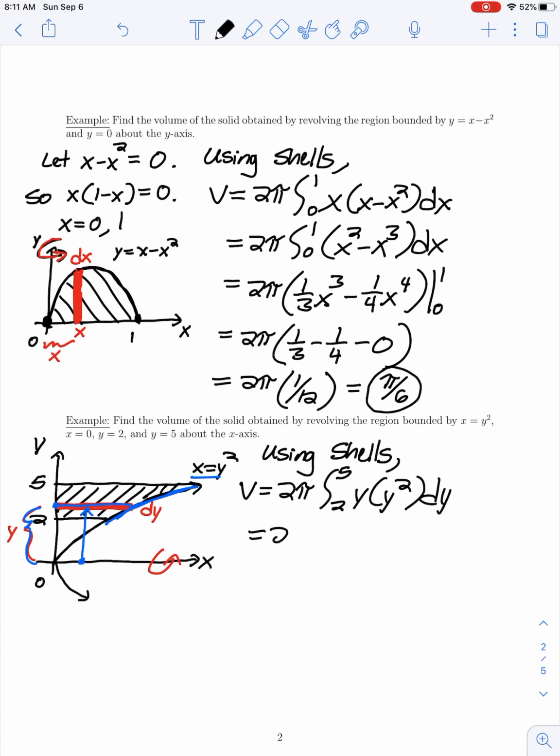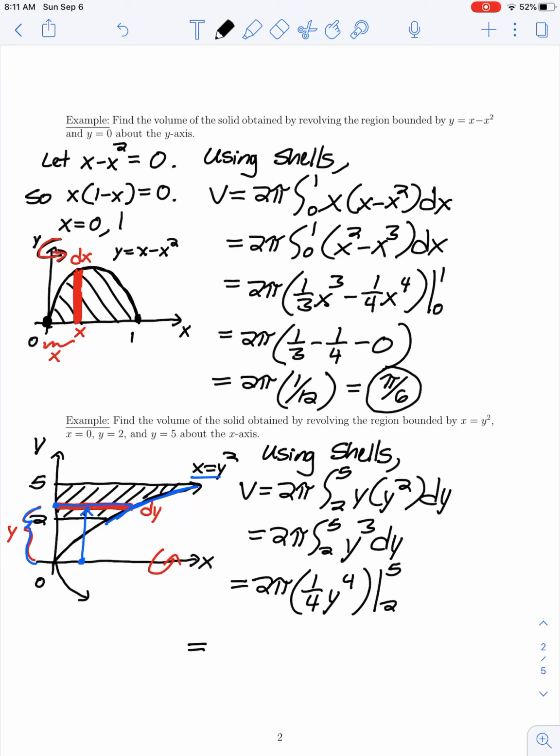So we now have 2 pi times the integral from 2 to 5 of y cubed dy. For an antiderivative, we have the constant 2 pi times 1/4 y to the 4th, and we're evaluating from 2 to 5.